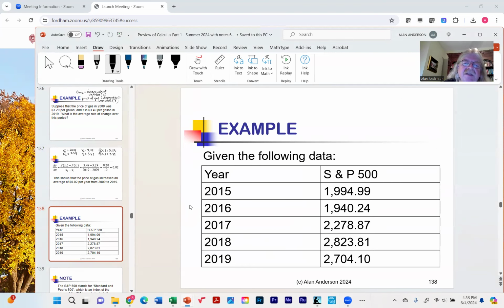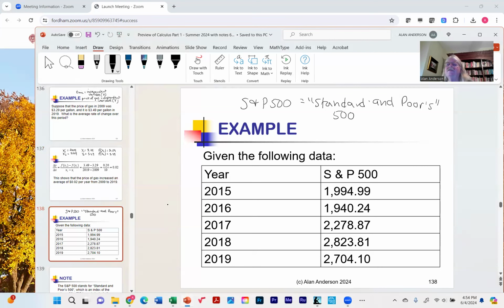Here's another quick example. Now, this one involves stock prices. The S&P 500, if you're not familiar with it, S&P stands for Standard & Poor's 500. It's an index that represents the 500 largest stocks in the United States. It's a number that we can look at and see at a glance how the overall market is doing.